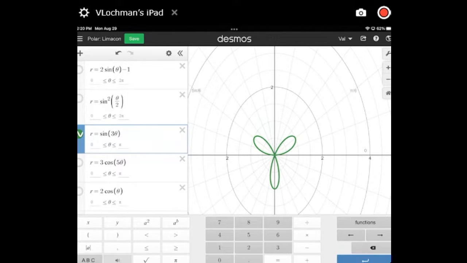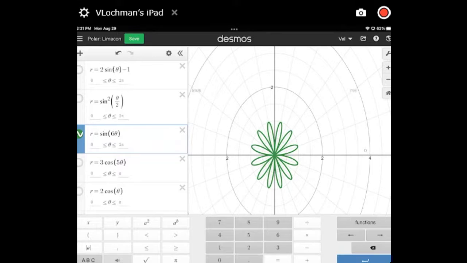So now I have a different number of petals, right? Now, what if I put 6 in here? Now it looks like this. So that argument inside the function controls how many petals my rose is going to have. We could also ask, what's going to happen if we change the magnitude, so change the amplitude of sine?